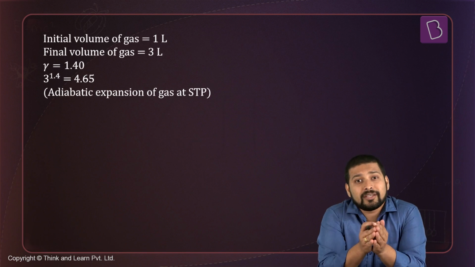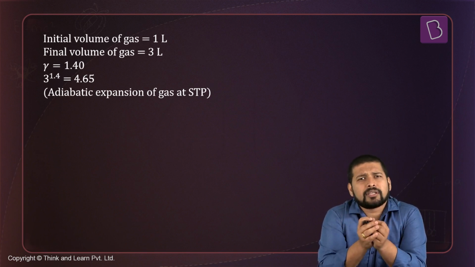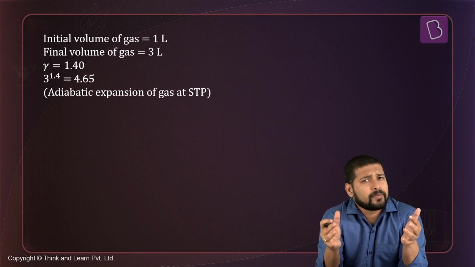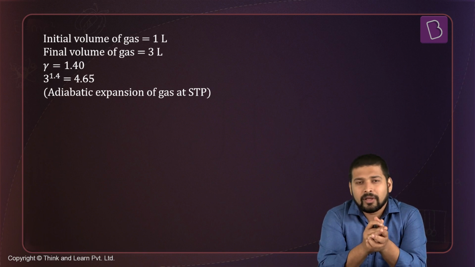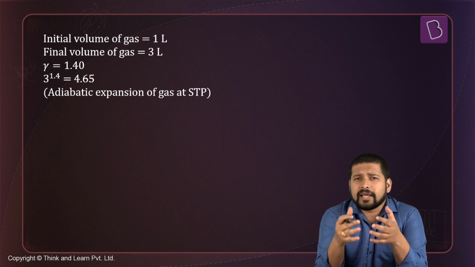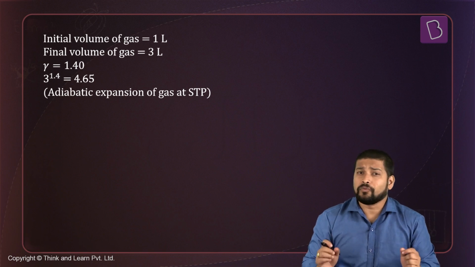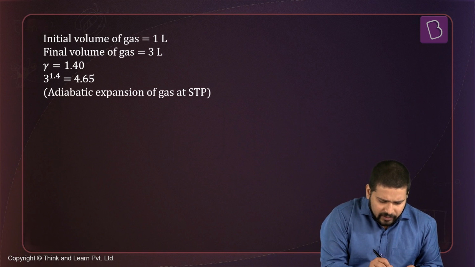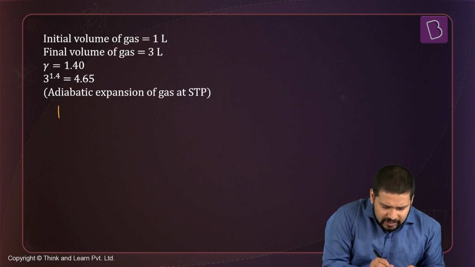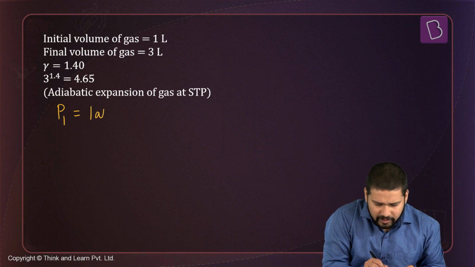This question says that you have got 1 liter of an ideal gas, and this is expanding adiabatically under the conditions of STP, that is standard temperature and pressure, and the volume of this gas becomes 3 liters. We have to find in this question the value of work done as such. So let's understand that when it is told that the initial condition was STP, I can write P1, the value of initial pressure, as 1 atm.